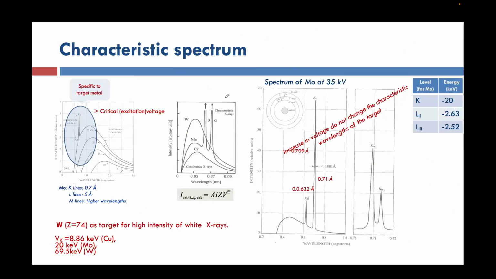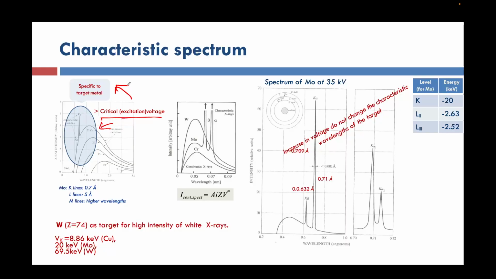Now coming to the characteristic spectrum. If I further increase the voltage, in the molybdenum case, at 25 kilovolt I have got my characteristic spectrum. So I understood that there is a critical excitation voltage. Only when I apply that voltage will my K shell electron be knocked out, and this critical excitation voltage is target specific.